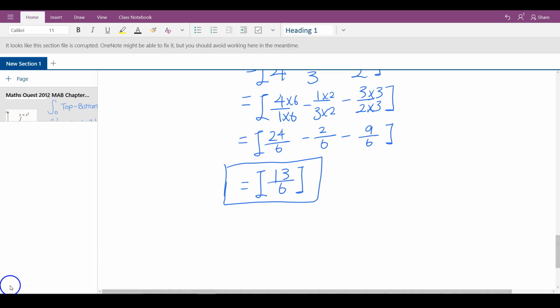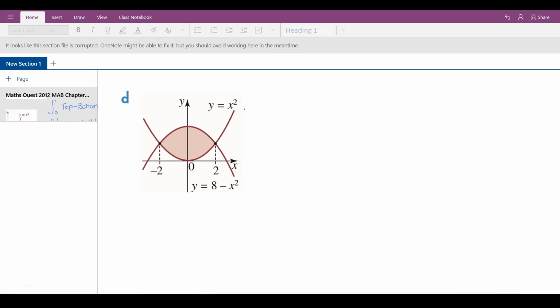Alright, moving on. Right, question D. Alright, so let's look at our region. It would be from -2 to 2. And which one's the top? Oh, this one requires you to know a little bit about parabolas.